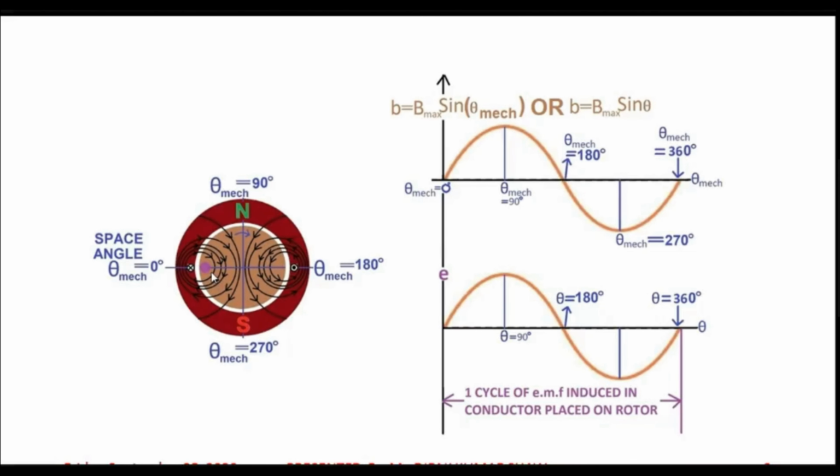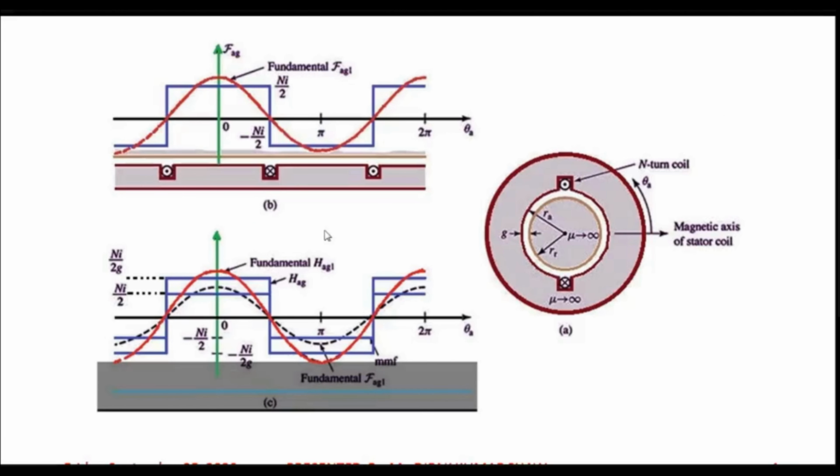The nature of magnetic flux density distribution along the air gap periphery, or simply speaking, the space distribution of magnetic flux density B along the air gap periphery, is assumed to be sinusoidal like this. What is the reason for this? The reason has been told earlier. We are applying Fourier series expansion to this rectangular MMF wave.